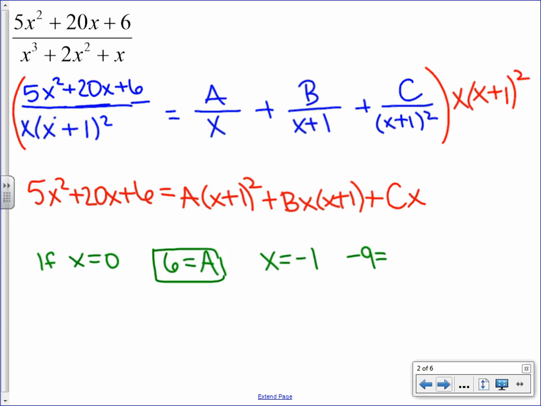What happens when we plug in -1 right here? Oh, that's nice. What happens when we plug in 0 or -1 right here? 0. And what happens when we plug it in right here? So you have 0 plus 0 plus -1 times C. C equals 9. So C equals 9.